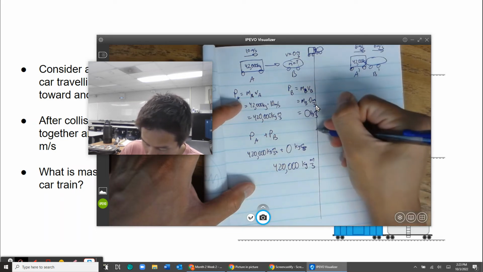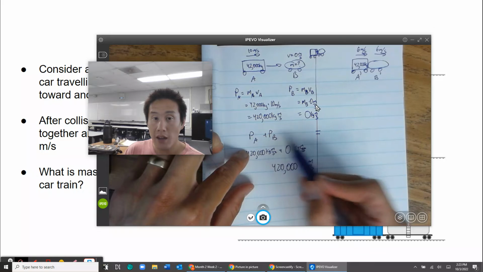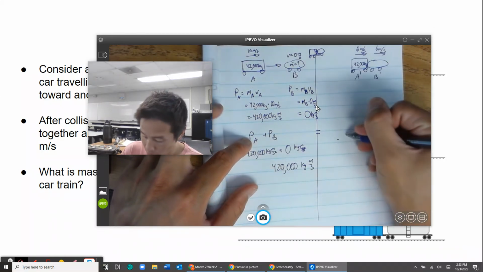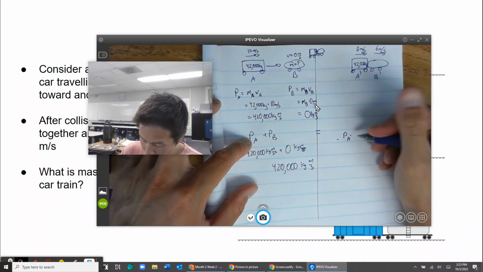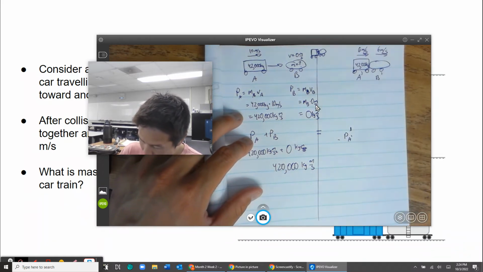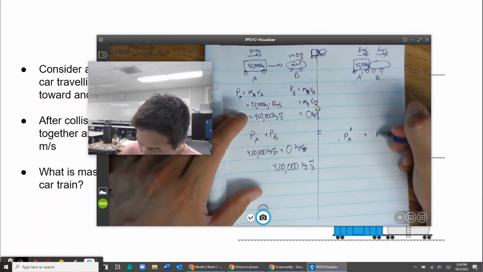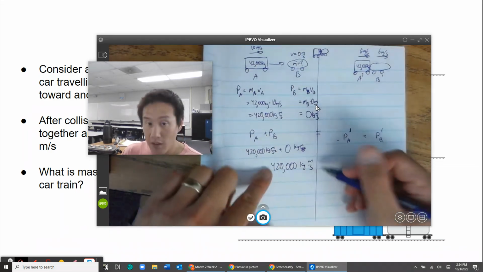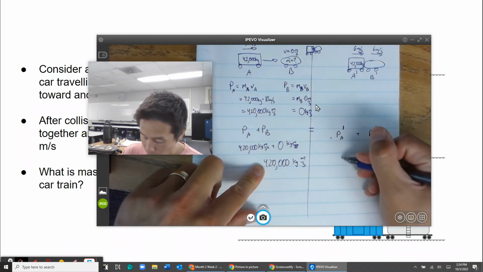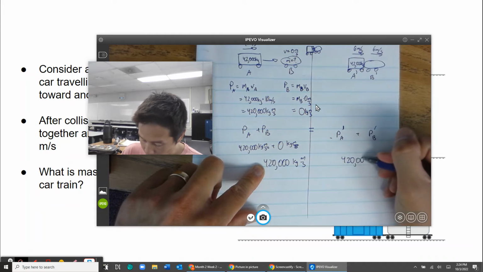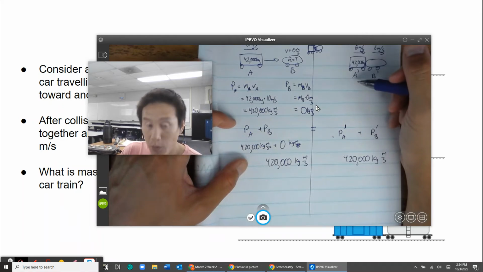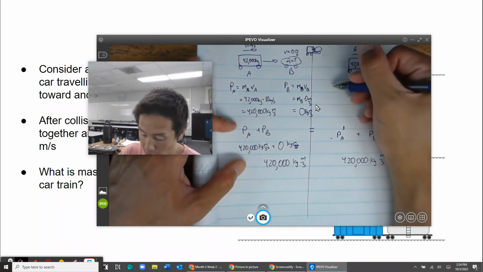Okay, so here's what I'm gonna say: PA plus PB, the total momentum on this side, has to equal the total momentum on this side. The momentum of A after plus the momentum of B after. So we're gonna expect that if this side is 420,000 total momentum, this side has to be 420,000 total momentum, okay?